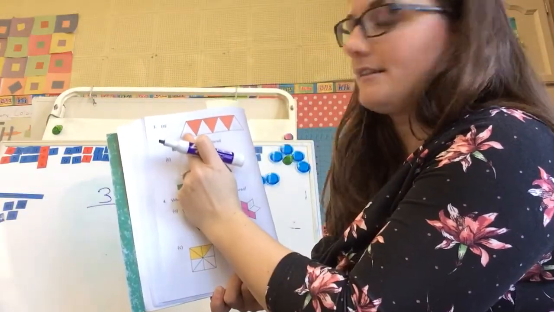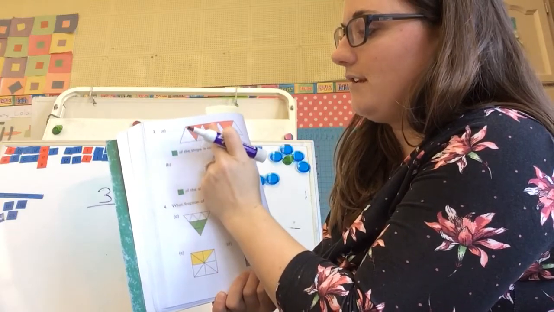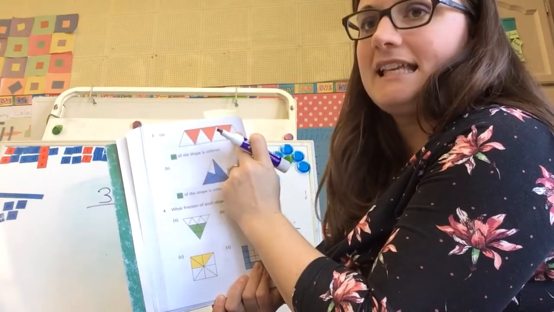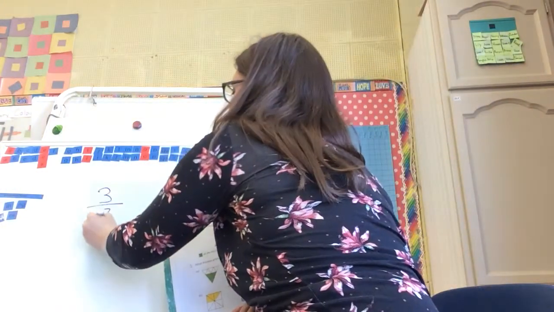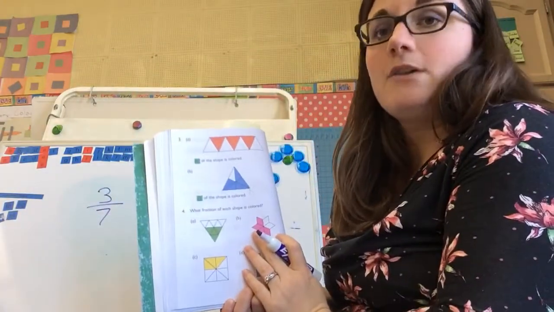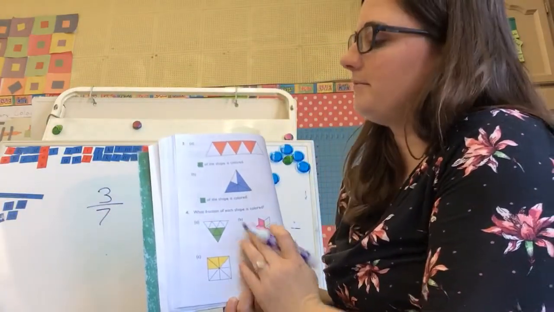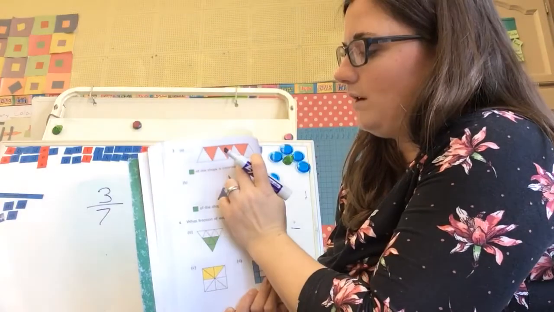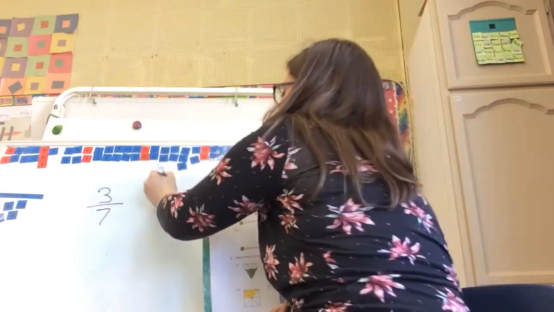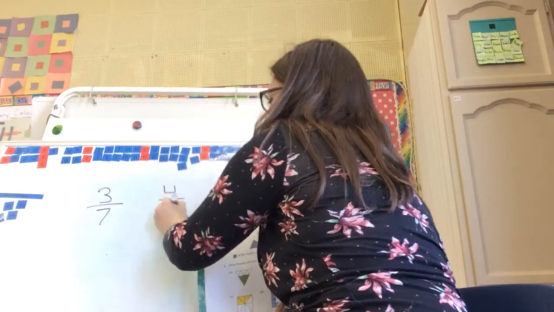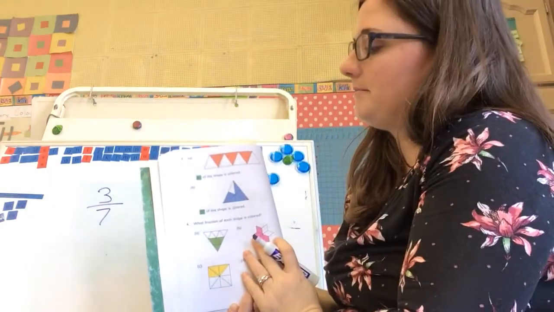Let's count the triangles. 1, 2, 3, 4, 5, 6, 7. So 3/7. Now, how many triangles are not colored? 1, 2, 3, 4. There's 4 out of the 7 triangles are not colored.